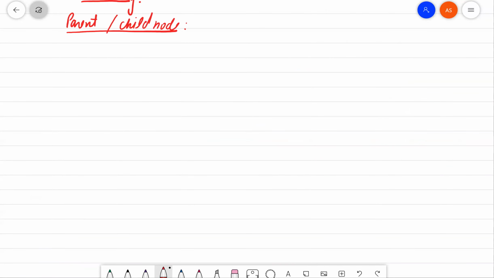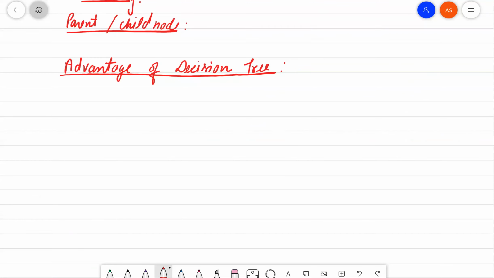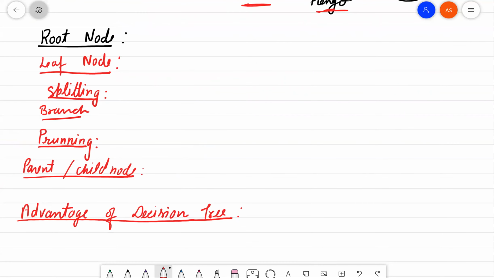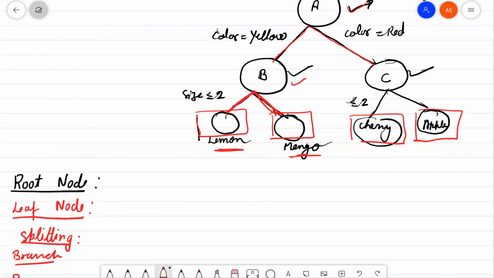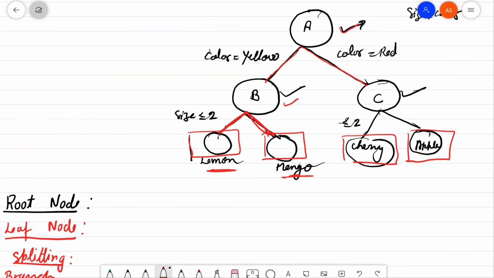Now the advantages of the decision tree. First advantage is it is simple to learn, simple to understand, interpret, and visualize. Okay, we can visualize the problem graphically more easily than if the problem is written in text or in the form of a paragraph.